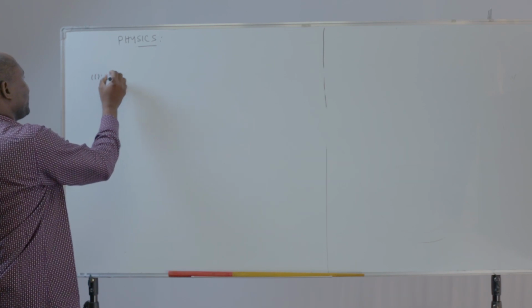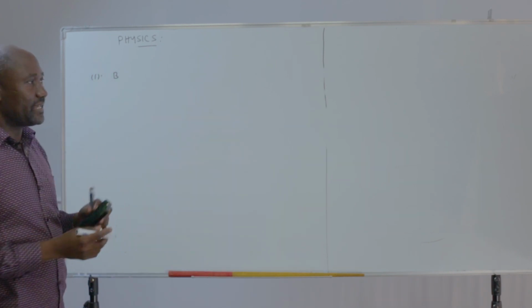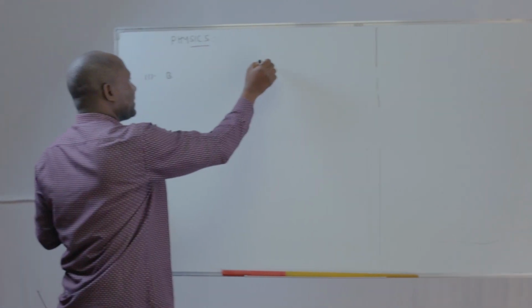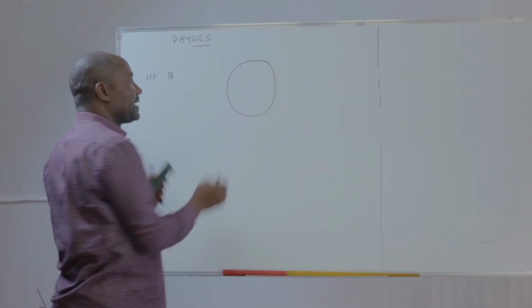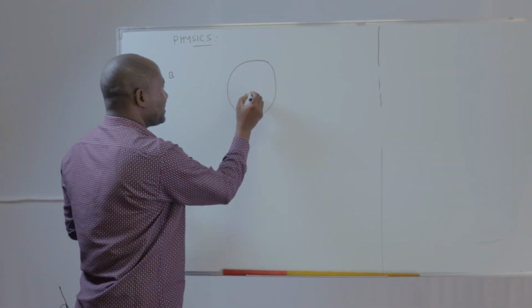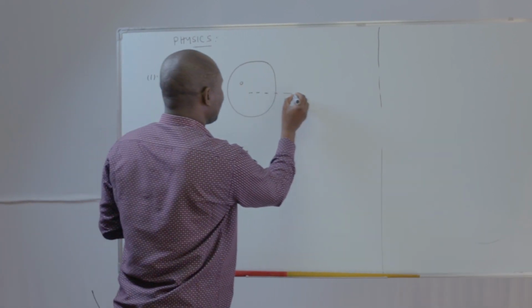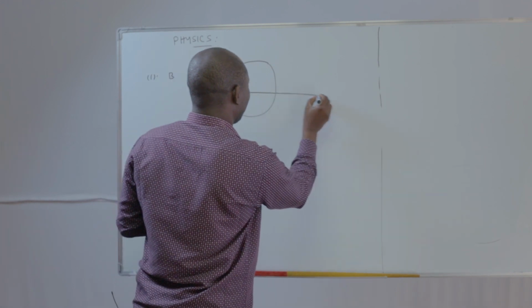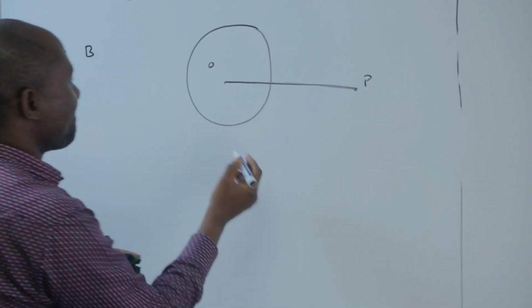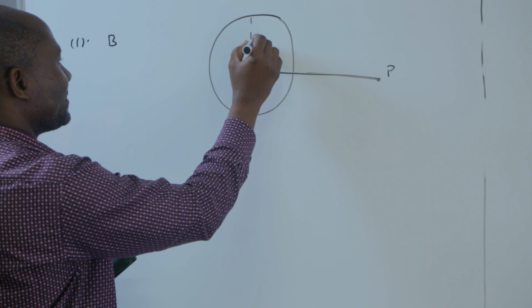One, the magnetic flux density of a circular wire carrying current. Maybe this is the center of the wire, or this is the axis, our point P, and this is the radius a.